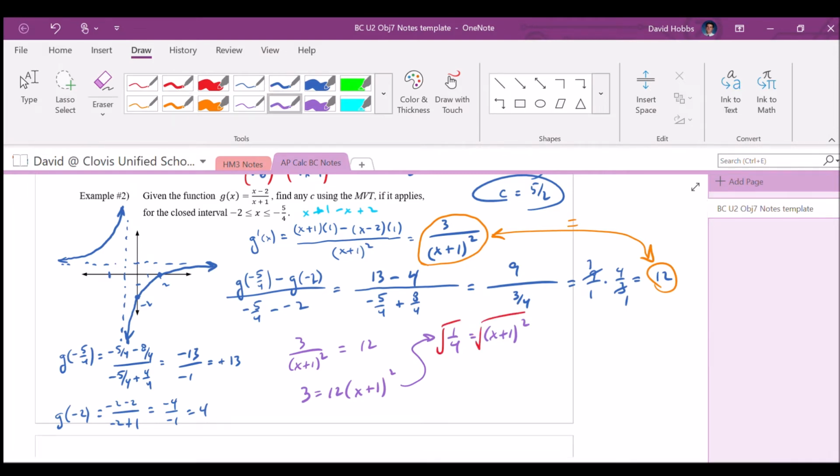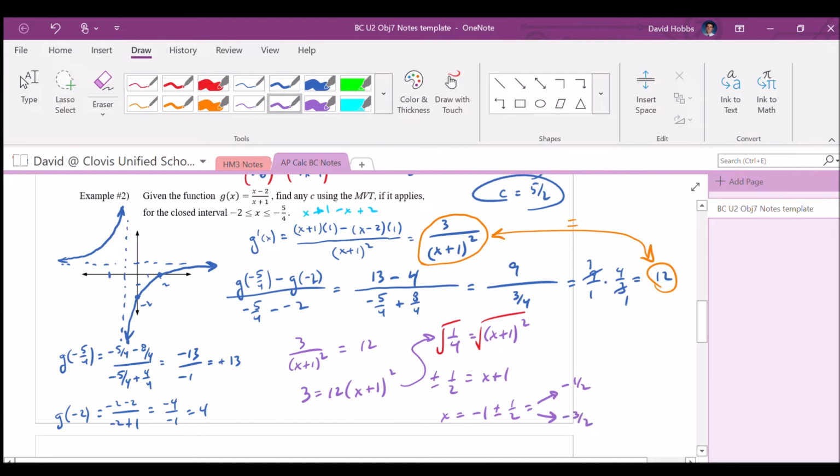So we get plus and minus 1/2 equals x plus 1. So x is equal to -1 plus or minus 1/2. So we have possibilities of -1 plus 1/2, which is -1/2, and -1 minus 1/2, which is -3/2.